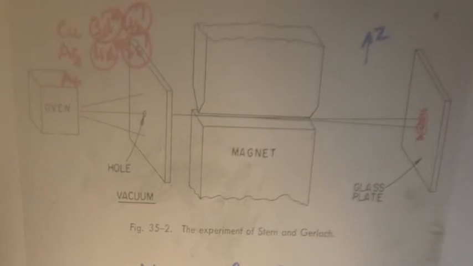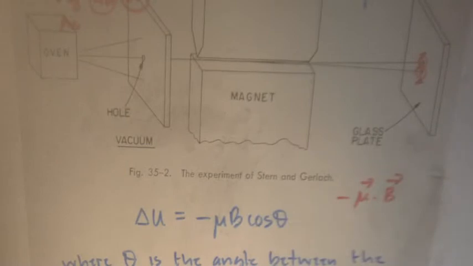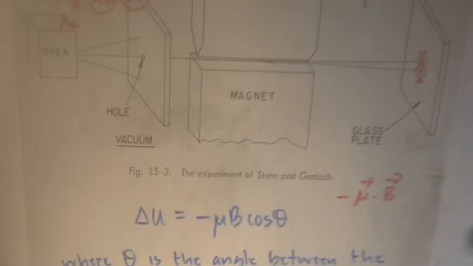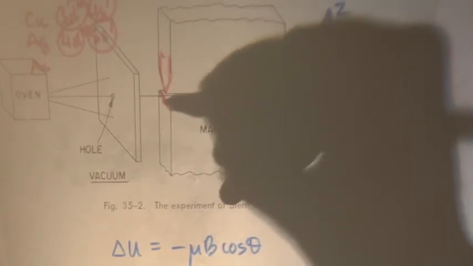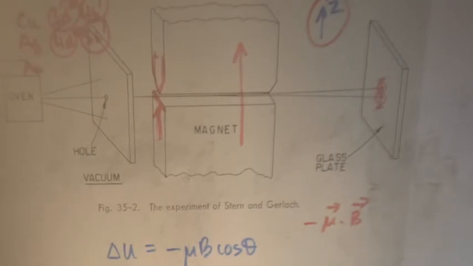But you see, what we've been looking at, this lowering of energy, of course this is now writing out minus mu dot B explicitly, which is the magnitude of mu times the magnitude of B times the cosine of the angle between them. Well, obviously the force on the atoms will be, and remember, this is a very much an inhomogeneous field, that's a pointed magnet, and this is a flat magnet surface, and let's say we choose the z direction to be the one that goes up through the magnet.